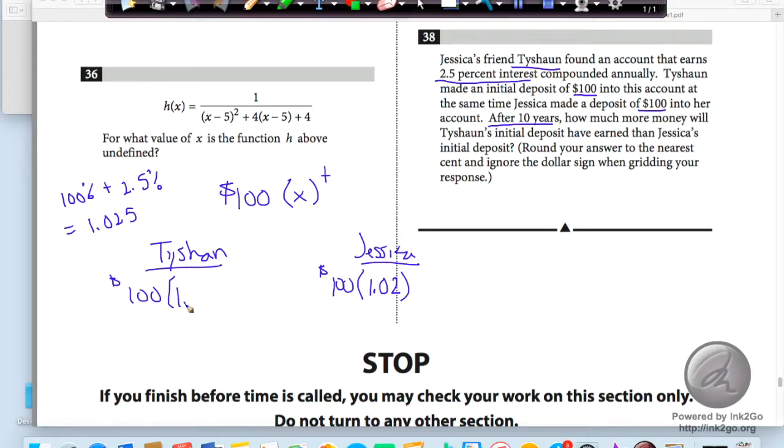So his is going to be 1.025, and hers is 1.02 because of the 2% interest before. 100%, but every single year she gets another 2% added to it. That's where the 1.02 is coming from. So here it's also going to be after 10 years for both.